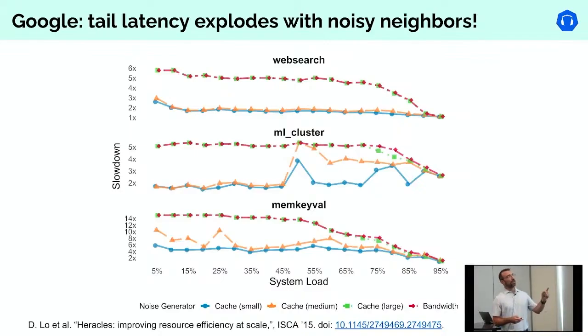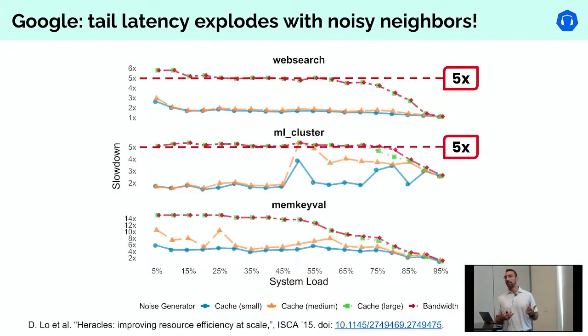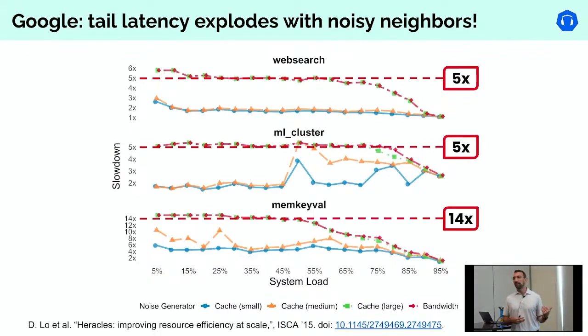And what they found is for web search, which is the Google search node, there's a 5 times degradation, slowdown, when faced with a noisy neighbor. 5 times for ML cluster, which was one of their online machine learning text classification systems, and up to 14 times in memkeyval, which is an in-memory key value store like Memcache. So this actually hurts production workloads.